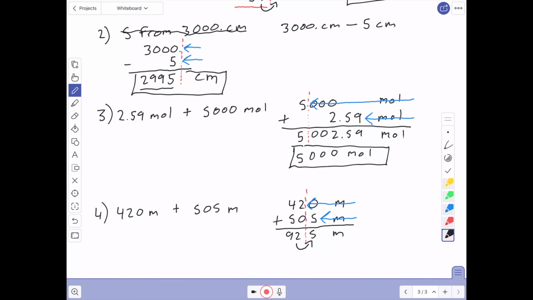No. That means we go back. We look here. Is it odd? No, it's even. We keep it the same. Final answer, 920. Don't forget, we need a placeholder 0 meters.